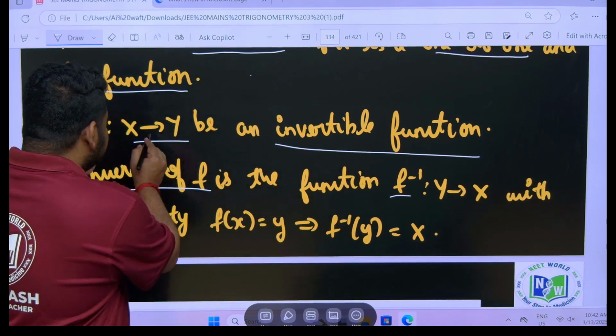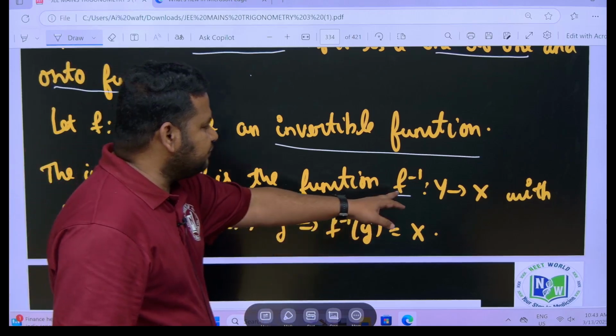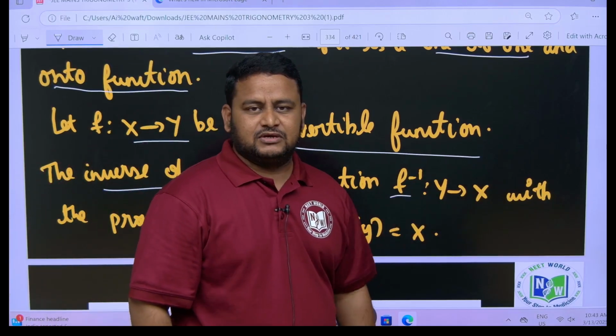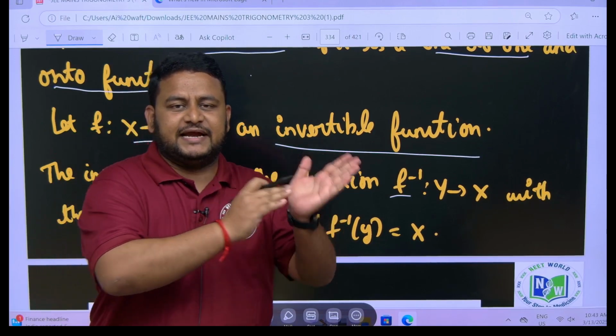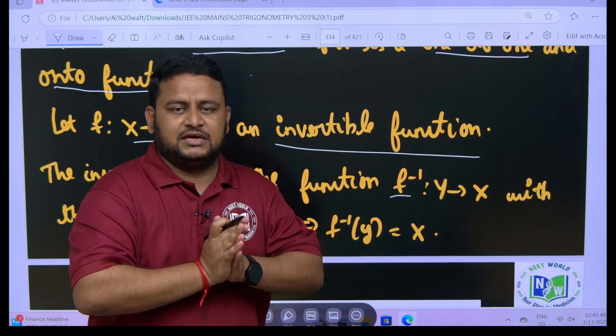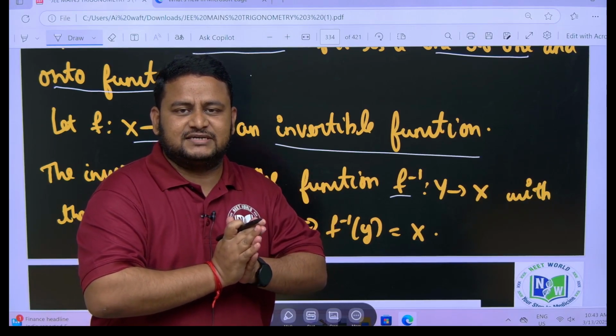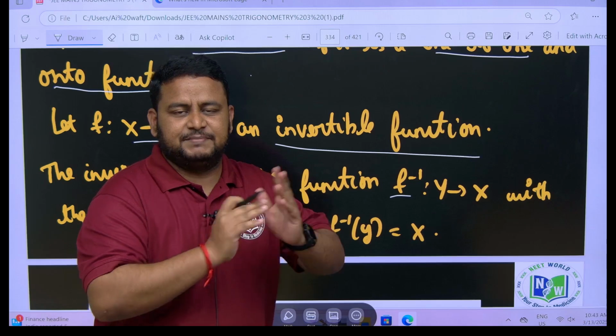For f as a function from X to Y, f inverse will be from Y to X. Got it? Suppose a function says you are moving from a to b, that is just a normal function. The inverse function is the one which says you are moving from b to a, that is reverse. That is the meaning of inverse.